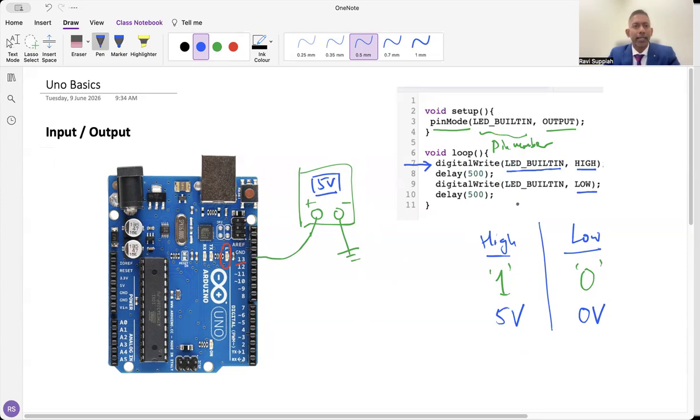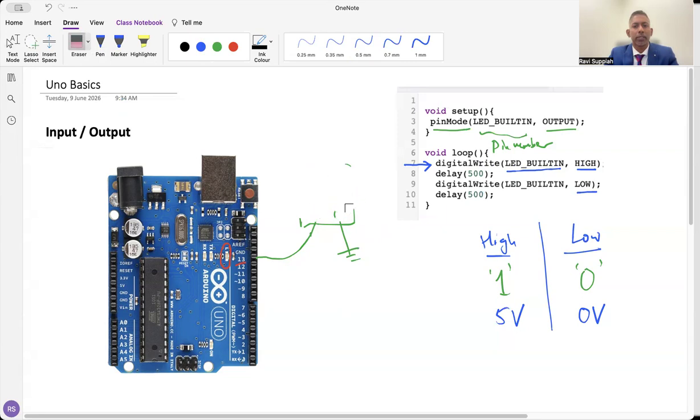What it also means is I can connect this pin to any external device, and if I drive it high, I will effectively be supplying 5 volts to that line.